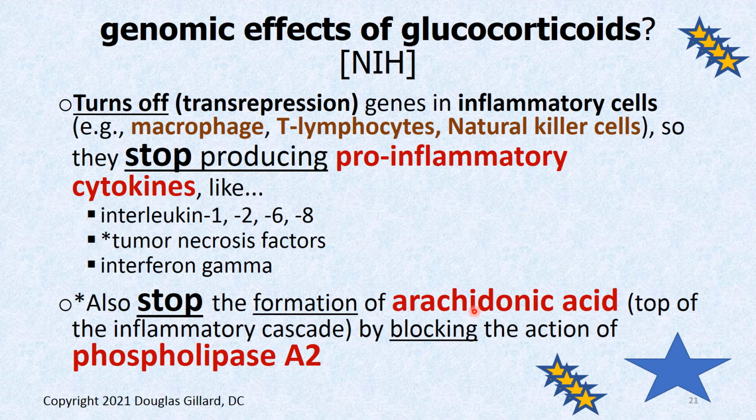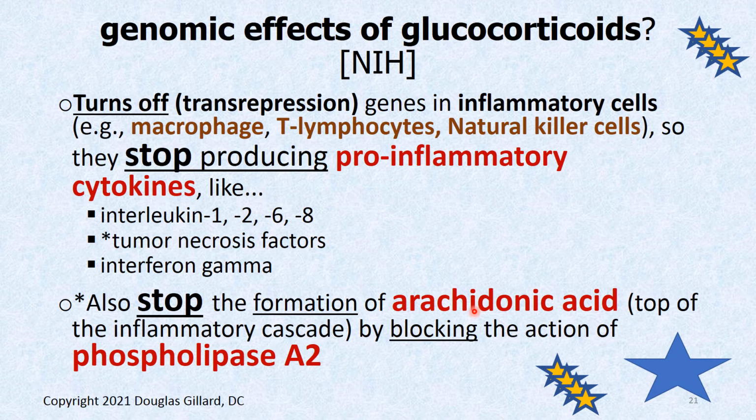So in macrophages, T lymphocytes, natural killer cells, etc., it is able to turn off the production of the pro-inflammatory cytokines. Remember, those are like gasoline. They call in even more troops. They're very important in the inflammation process.